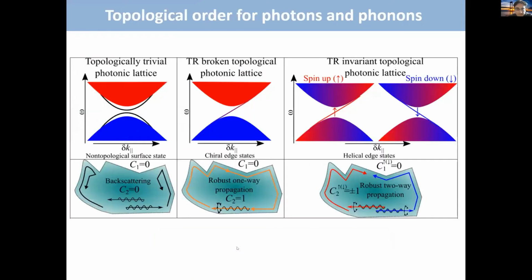The advantage of using a time reversal invariant system is that we don't need a strong magnetic field. We avoid using magnetic materials, which in photonics we typically try to avoid, because magnetic materials and strong magnetic fields are not very friendly to practical devices, integrated silicon photonic devices, and so on. So we are motivated to explore options without an external magnetic field.